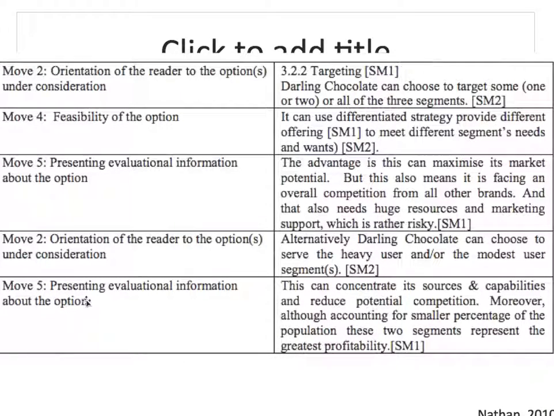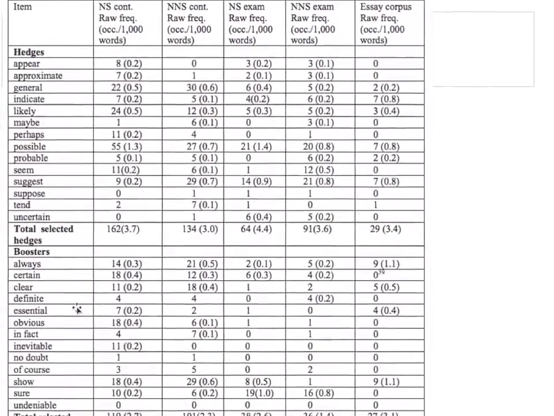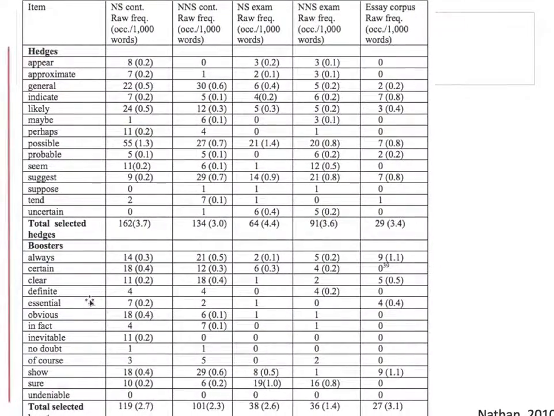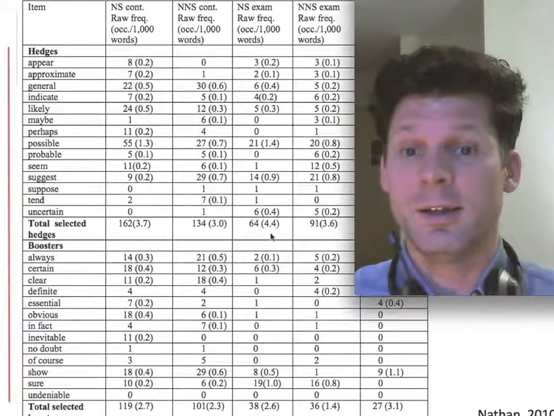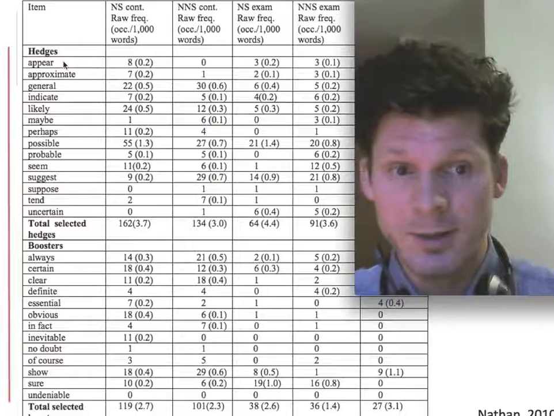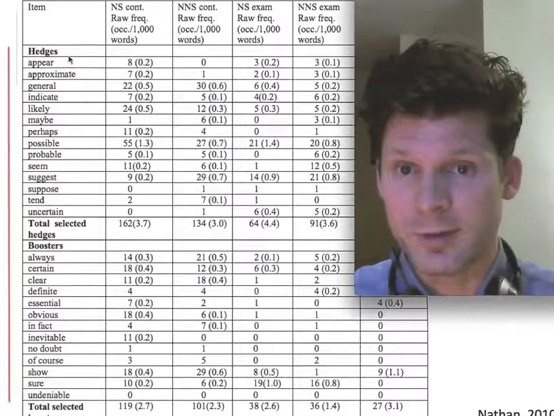So the writer suggests a possible option using the theory and then evaluates that recommendation. So you can go a little bit further if you like. Now the kind of language that is being used, now I know that this table looks very complicated, but don't worry about that. What you need to look at is the words on the left side here.